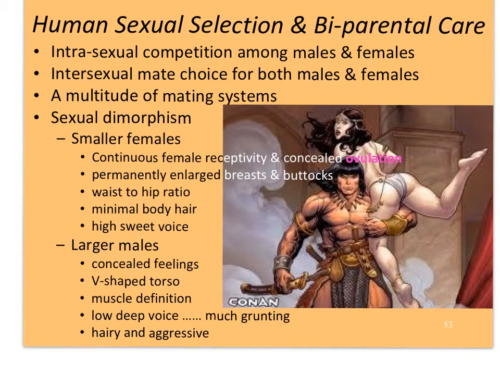And then there's a multitude of mating systems that humans actually have. There's also something called sexual dimorphism. That means male and female humans look different and act different. Continuous female receptivity and concealed ovulation.